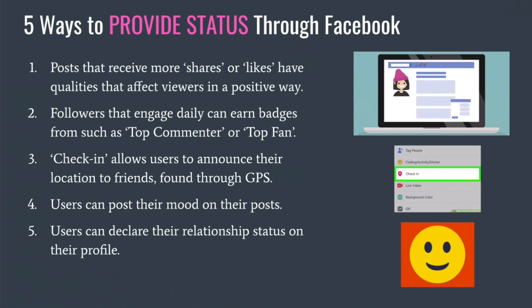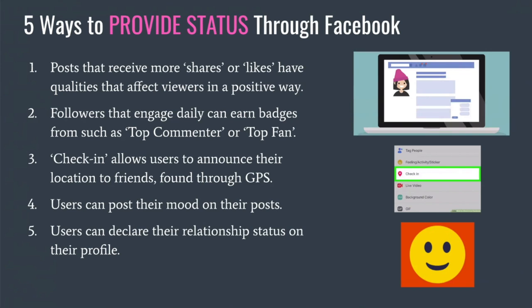Whenever you make a post, like say you post a GIF or a video or anything like that, you can see how much interaction you have through shares and likes. You can get reactions, likes, laughs, wows, the angry emoji, different things like that to show that people who have viewed your content are interacting with your content.